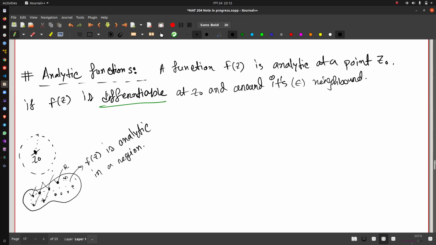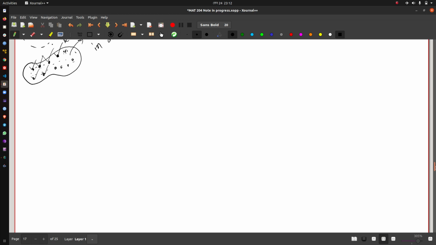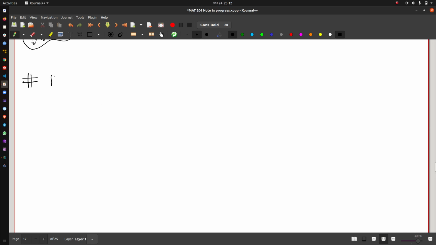So let us see an example, a very dramatic example. You have f of z that has a real part (x plus alpha y) whole squared, plus 2i, that means the imaginary part, as x minus alpha y.